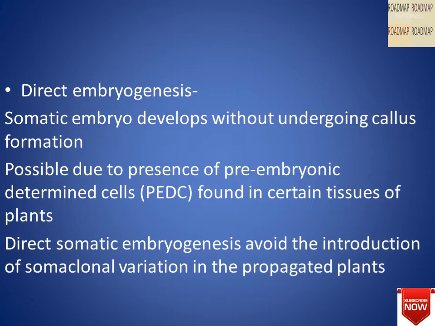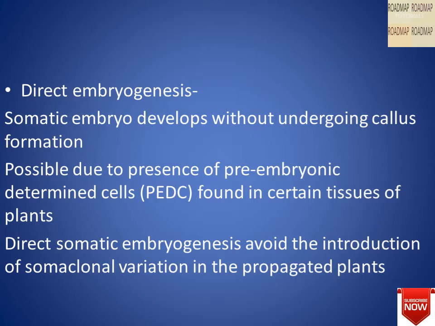And indirect somatic embryogenesis, you must have got now, is with the formation of the callus or from the cell suspension culture. Coming to the direct somatic embryogenesis, it is formed due to the presence of the pre-embryonic determined cells, that is PEDC, which are found in certain tissues of the plant.